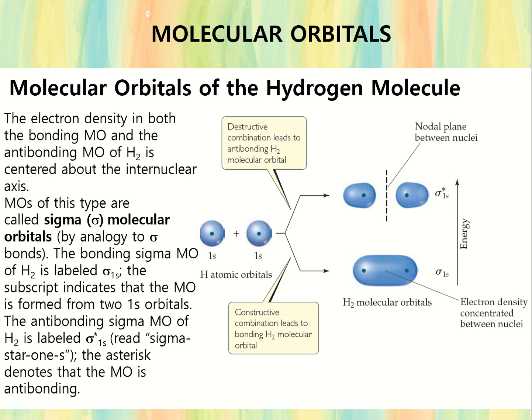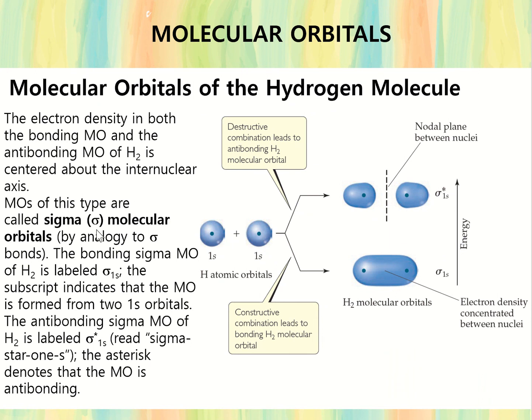So the electron density in both the bonding molecular orbital and the antibonding molecular orbital of hydrogen is centered about the internuclear axis, right? So the electron density is concentrated between the nuclei, so in the middle here. Molecular orbitals of this type are called sigma molecular orbitals, and that is the symbol for sigma here.